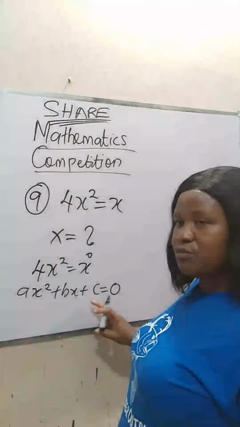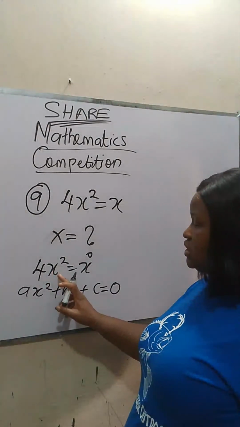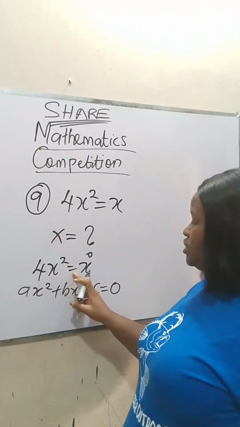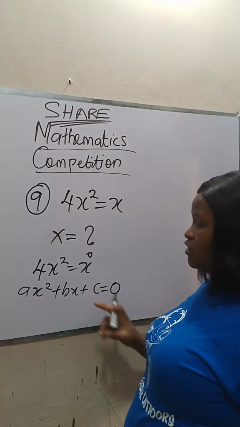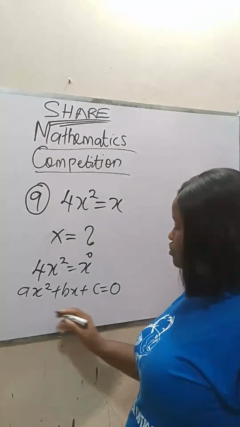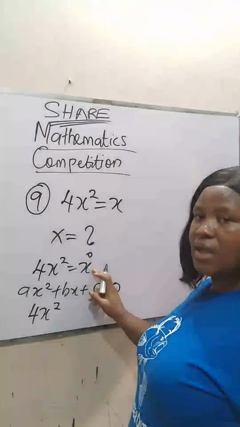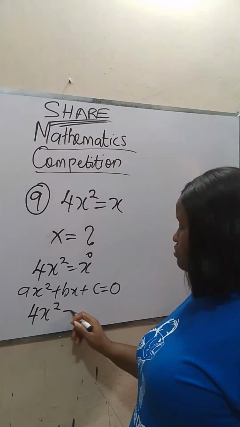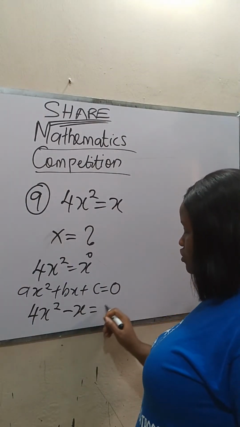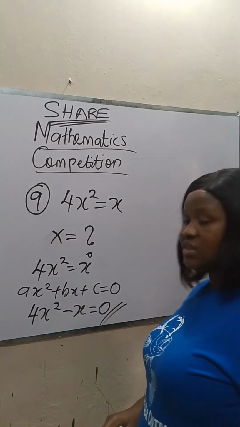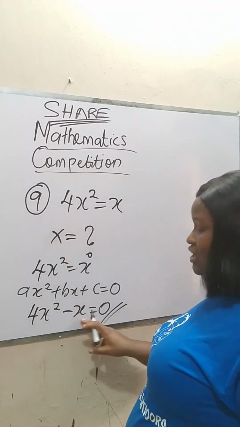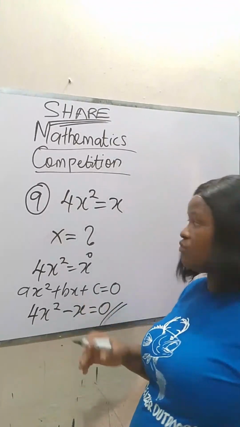Look at this question. This is a quadratic, but it's not in standard form. Now, how do you do that? You have 4x squared. When this x crosses the equality sign, it becomes minus x is equal to 0. So you can see it's in standard form already, before you can now solve it.